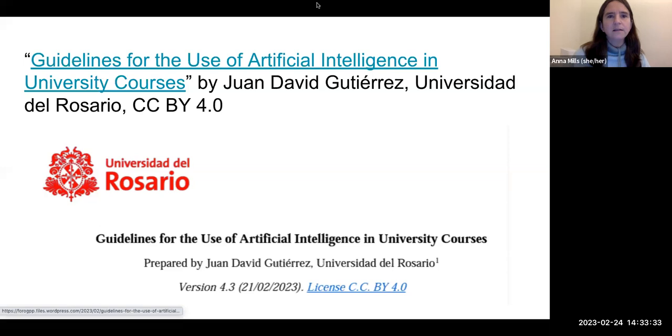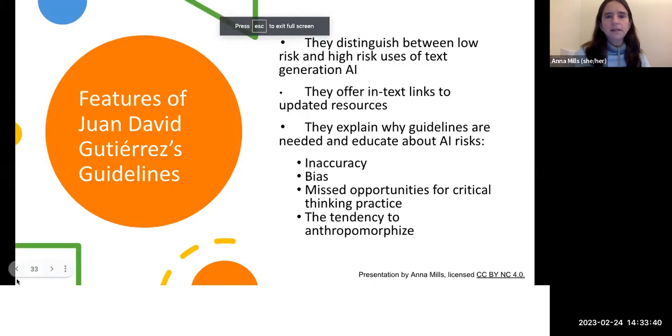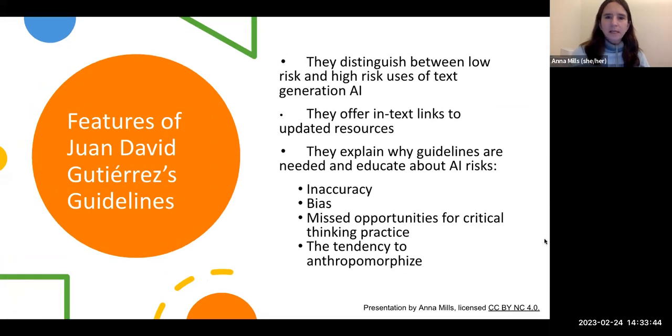So some features I wanted to highlight from his policy really show how a policy could educate students on AI and offer some chance for discussion of critical AI literacy.